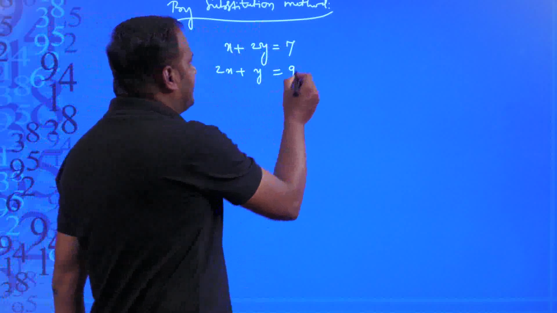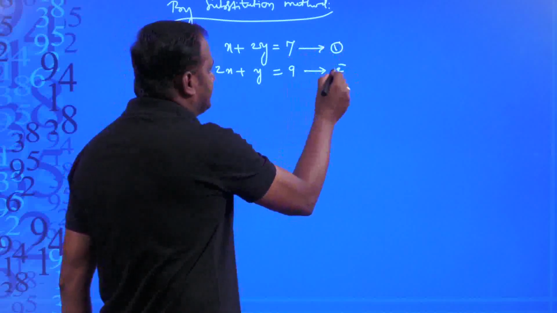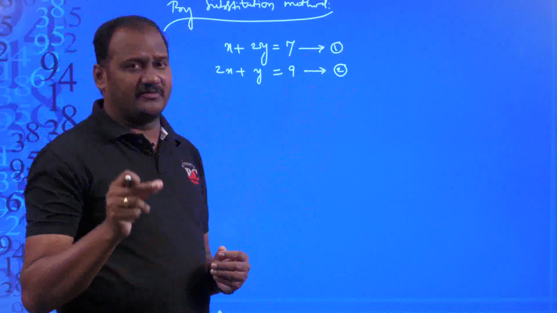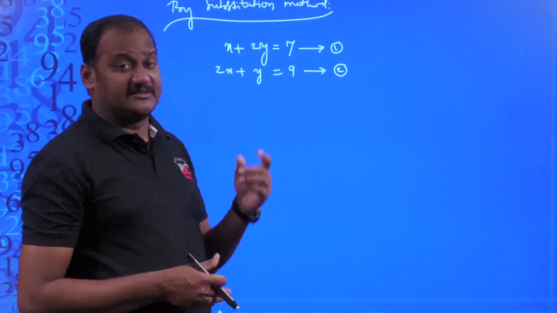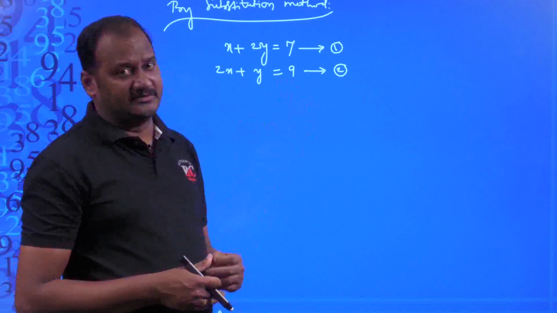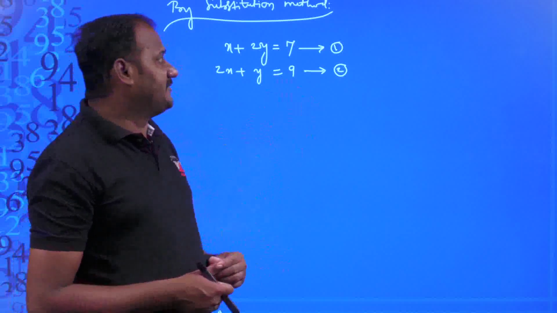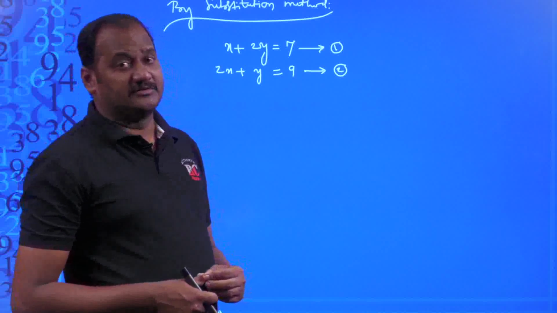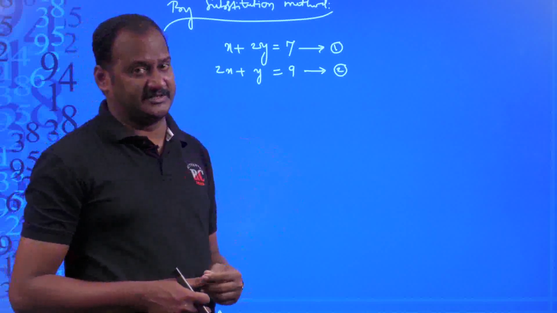So, what do you mean by the substitution method? See, substitution itself says that you need to find the value of one variable from one of the equations and then substitute that value of the variable in the second equation. That is what is called substitution method. But before you find the value of one variable, ensure that the variable has the smaller coefficient.